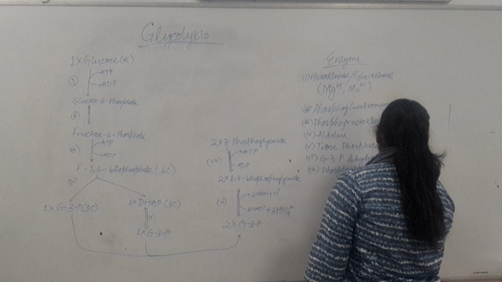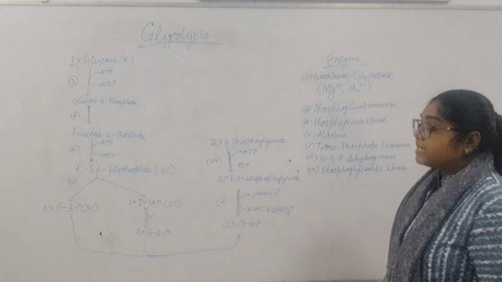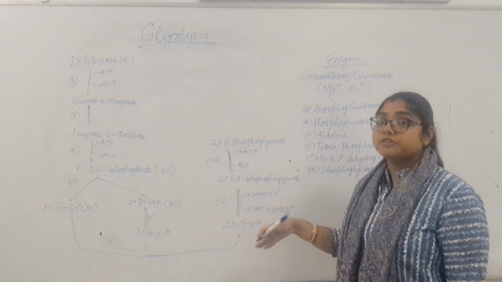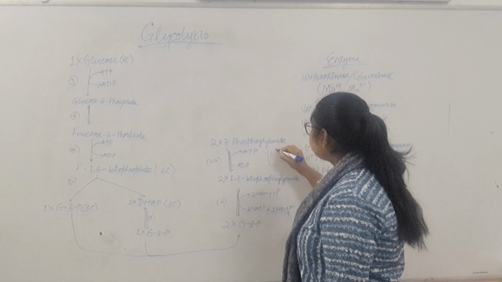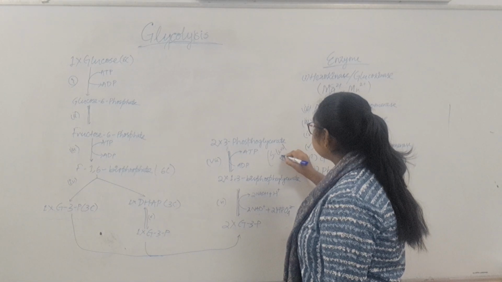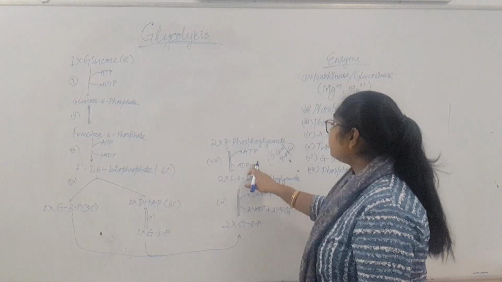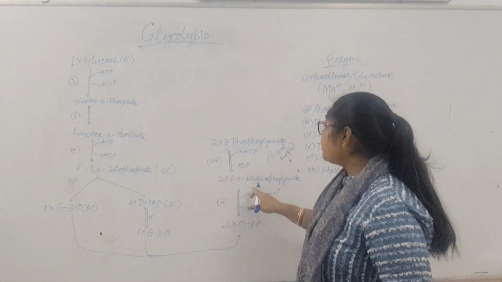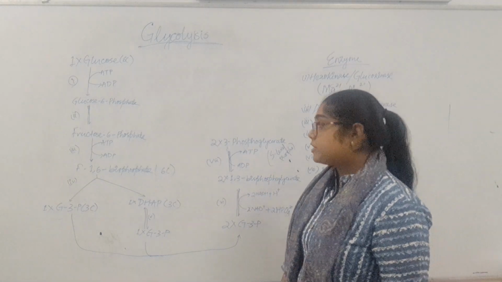Here a kinase enzyme acts, that means it is a phosphorylation process. Removal or acceptance of a phosphate group is a phosphorylation process, and this is a substrate level phosphorylation. It transfers one phosphate group to ADP to produce ATP, and this 1,3-bisphosphoglycerate will be converted to 3-phosphoglycerate.